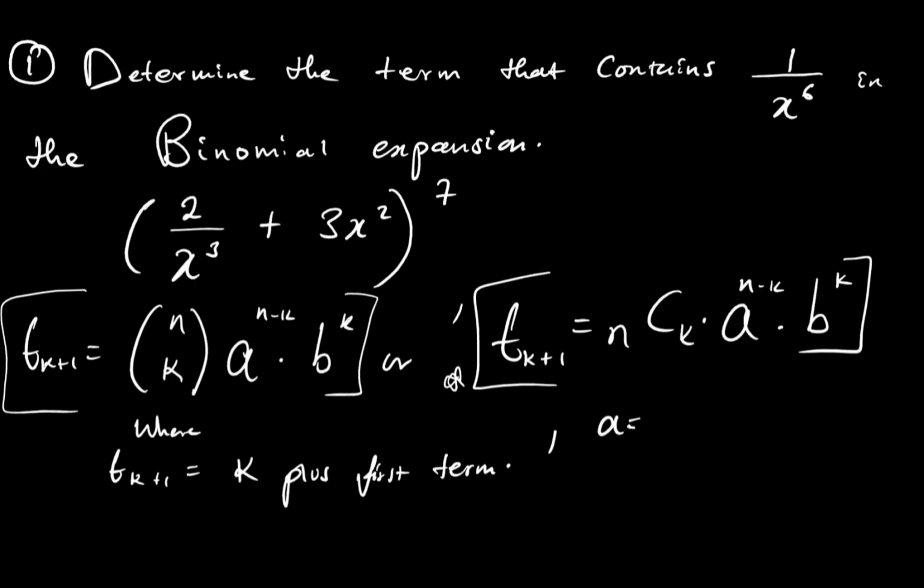Then a is basically the first term you have in the parentheses, where star represents the parentheses. So b is the second term. And then the other thing we should know is that n will always represent the power. Now, with this said, let us try by all means to solve the question that we have.